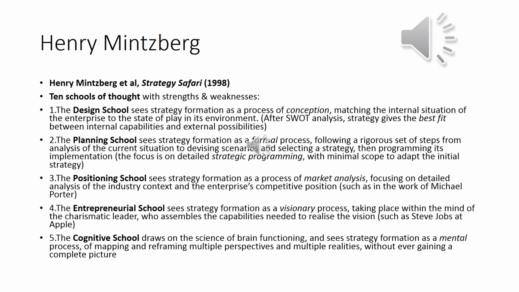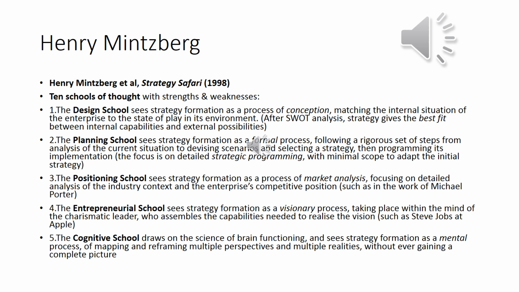Then the next step would be to do a SWOT analysis. What are the strengths, the weaknesses, the opportunities and threats before you start developing a strategy. In basic terms, a strategy might have a mixture of these schools that Henry Mintzberg refers to.